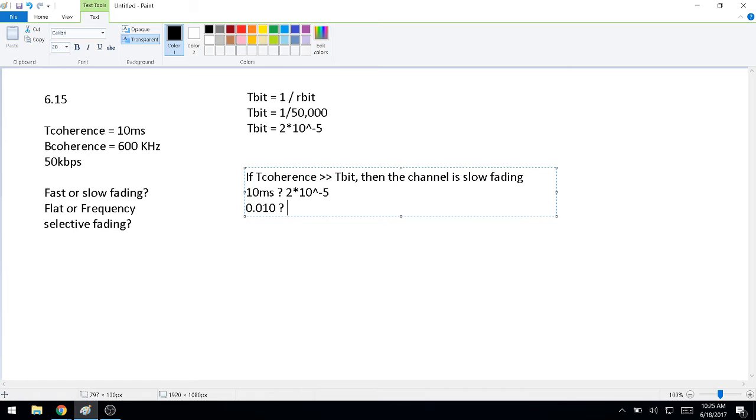Compared to 2 times 10 to the negative 5th, which is 0.00002, because again, we count out the spaces, 1, 2, 3, 4, 5. Right now, it looks like our coherence time is indeed more than 10 times larger than our bit time, which means that this channel is slow fading.